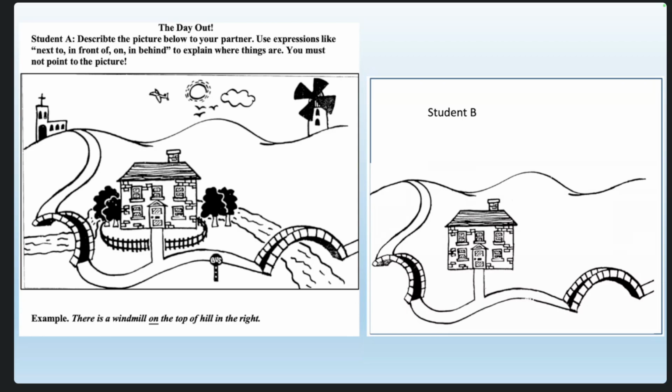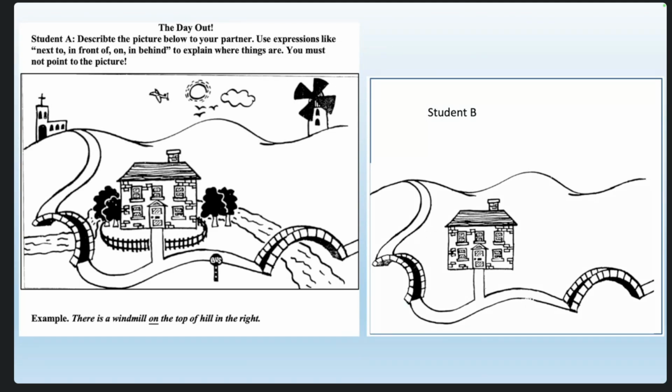So I will say that there is a windmill on the right side, on the right hill, and the birds are flying over the hill in the middle, and there's an airplane, there is a church on the left side, etc. And enough scaffolding is given, maybe a couple of exposure activities done before, so the students are familiar with expressions like next to, in front of, on, in, behind, etc. We give a model: there's a windmill on the top of the hill on the right.